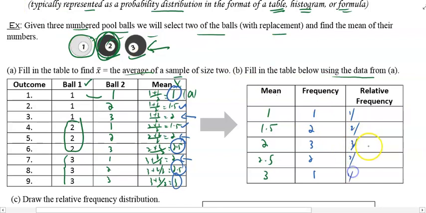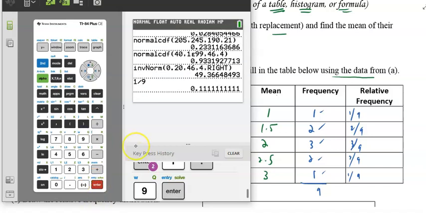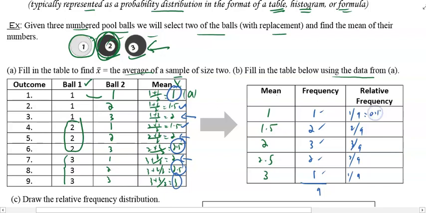The relative frequency: 1 divided by 9, 2 divided by 9, 3 divided by 9, 2 divided by 9, and 1 divided by 9. What's the total if I add those? That is 1, 3, 6, 7, 8, that's 9. So each of those divided by 9. 1 divided by 9 is 0.111. 2 divided by 9 is 0.222. 3 divided by 9.